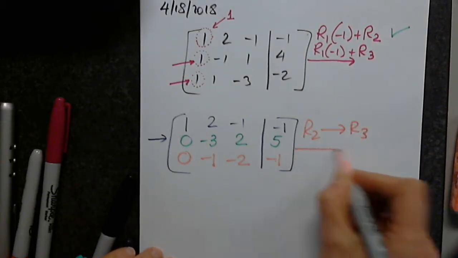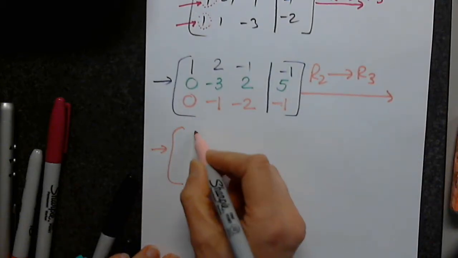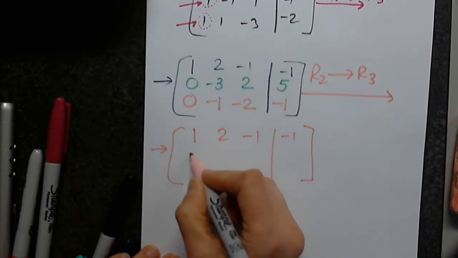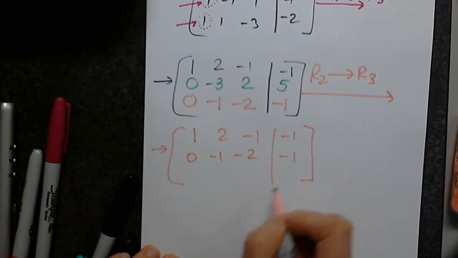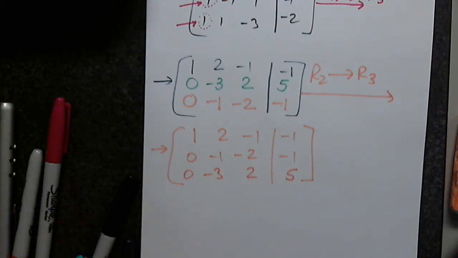Arrow, not the equal symbol. Copy 1, 2, -1, -1. 0, -1, -2, -1, and 0, -3, 2, 5. All we did was replace 2 with 3 and 3 with 2.